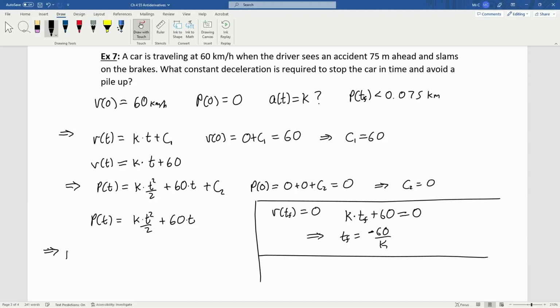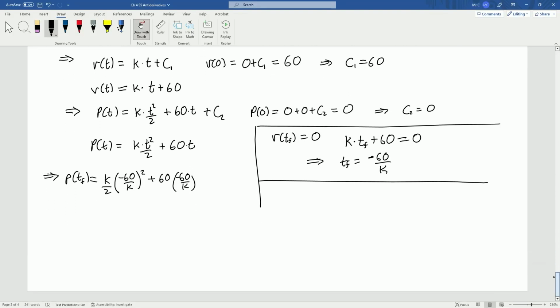So this implies that our position at our final time should be k over 2 times negative 60 over k, squared, plus 60 times negative 60 over k. Negative 60 squared is 3,600, so we get k times 3,600 over 2 times k squared, minus 3,600 over k.